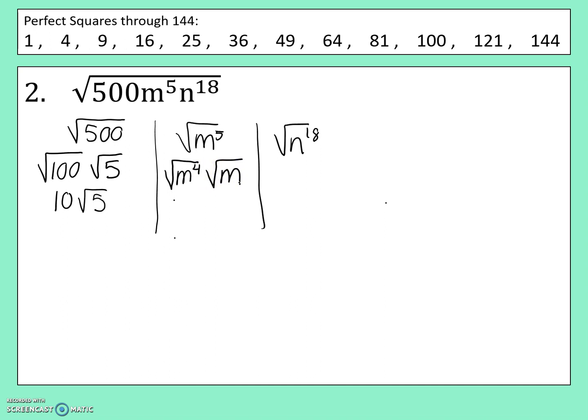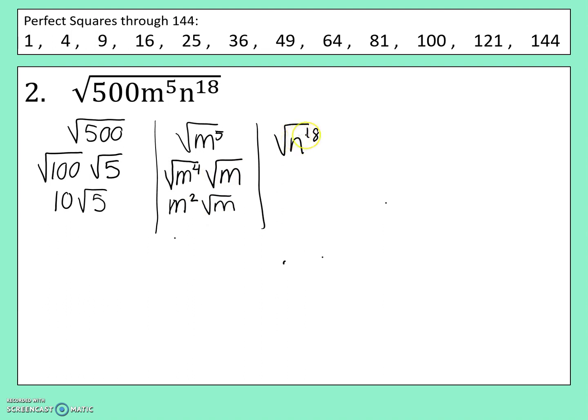Now we can simplify it pretty easily. M to the 4th, 4 is an even number, which means that m to the 4th is a perfect square, which means that it can easily just be simplified and become m squared. We can't do anything with the radical m, so that one has to stay there. And that's all we can do here.